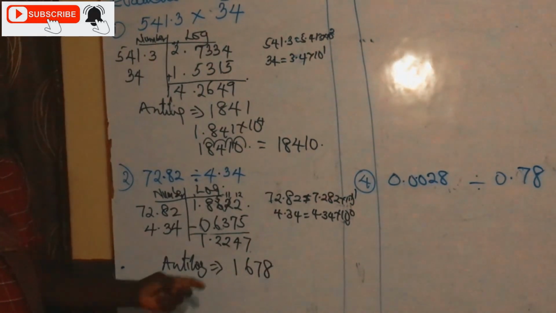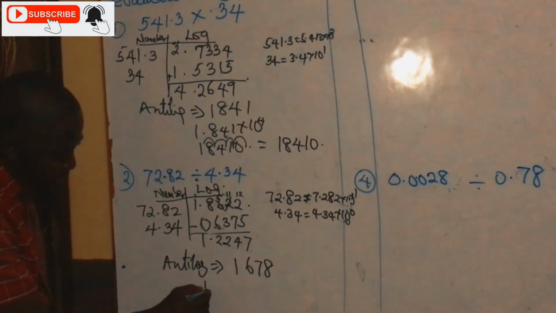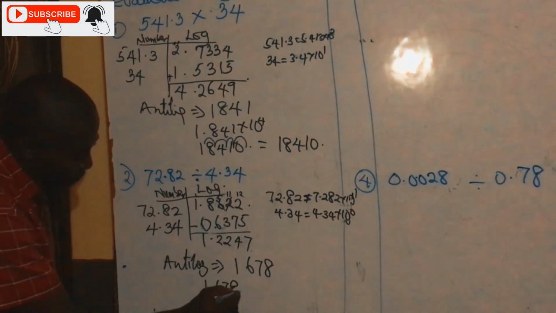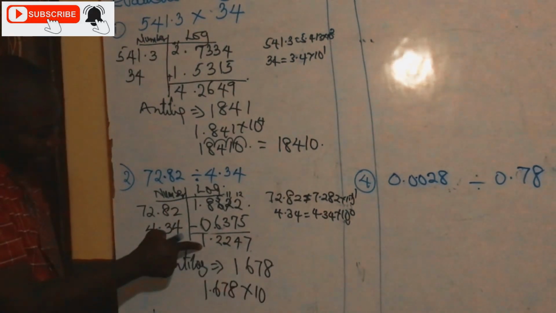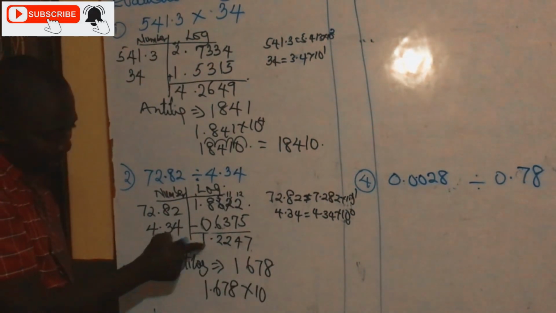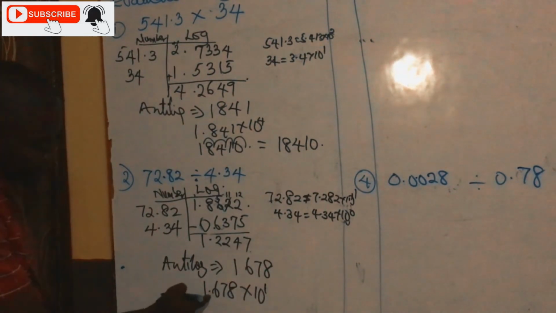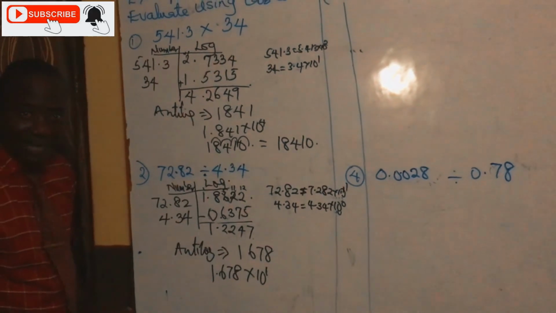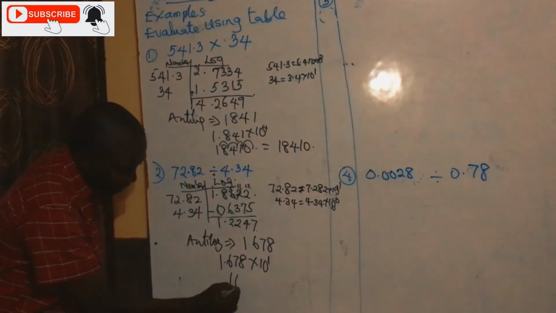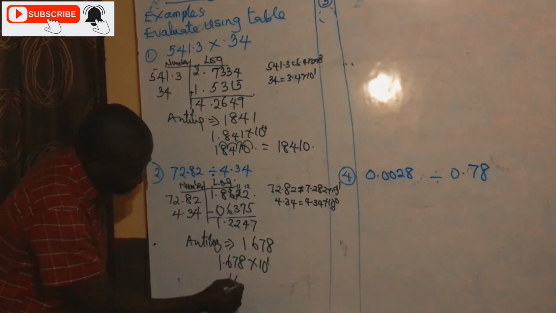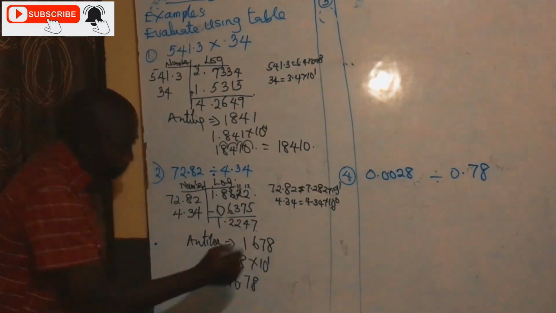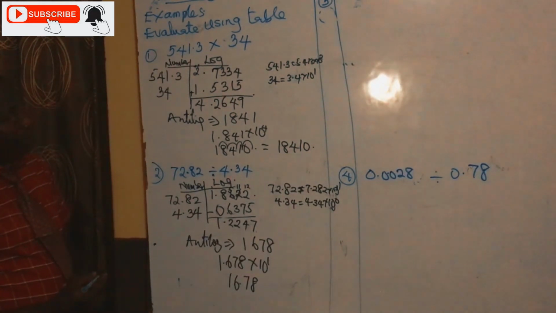Then we now write it in standard form: 1.678 times 10 raised to power 1, the excess of the characteristic. Then it will now be written back as an ordinary number, the decimal point shifted forward once: 16.78.